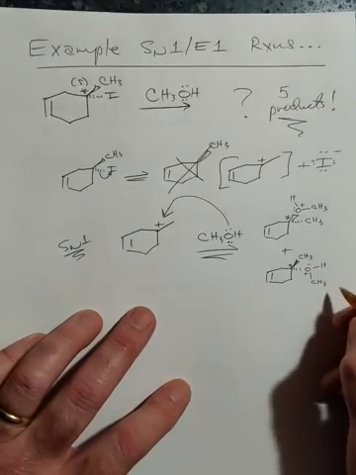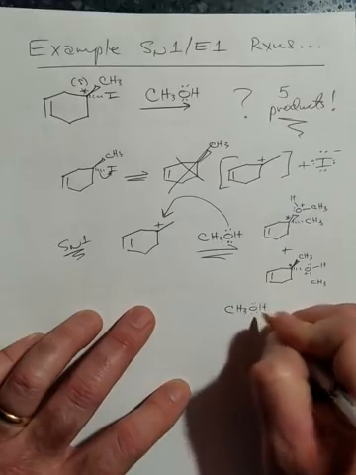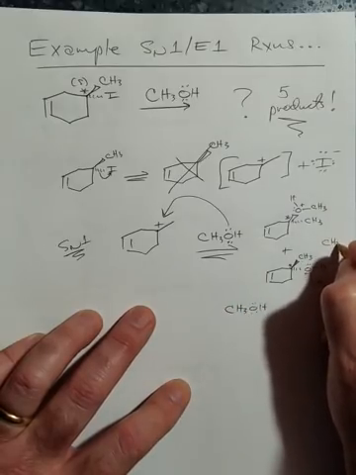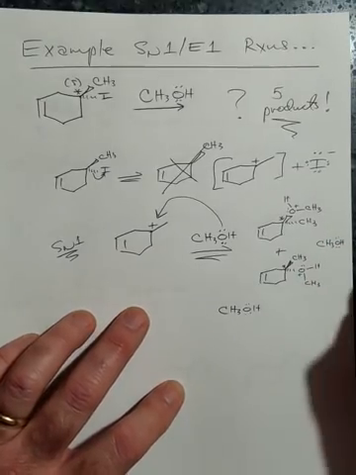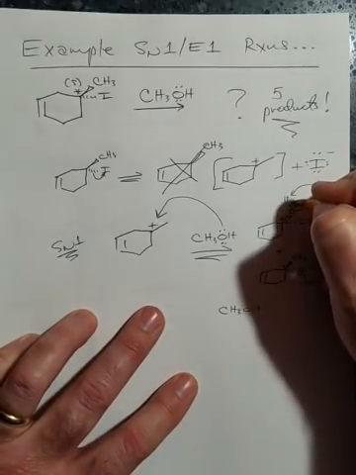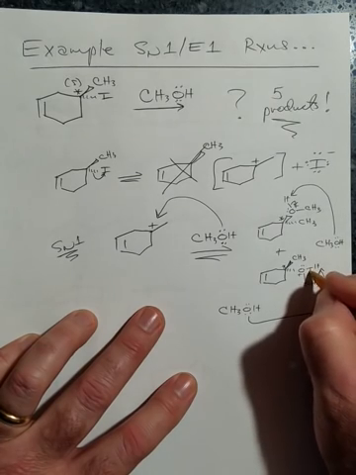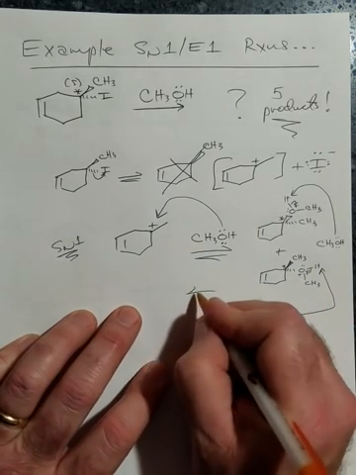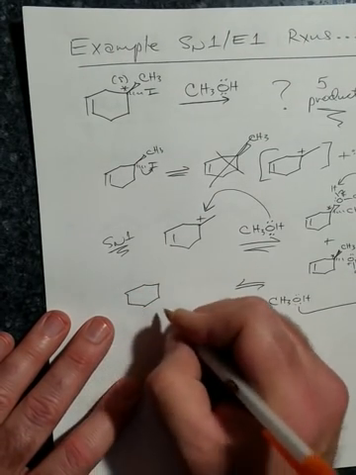Well, all that's left then is for methanol to come along. We'll use two different methanol molecules to show this. Methanol needs to come along, pick up an acidic proton, and that will give us our two SN1 products.